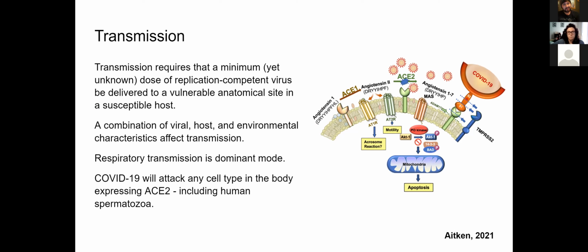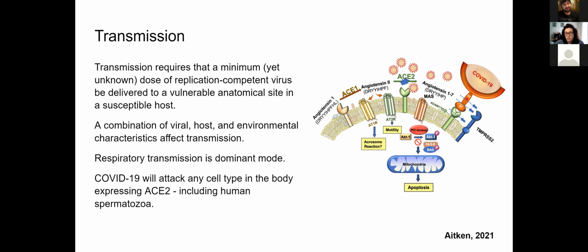Transmission is a really complex, complicated thing. It depends on the environment, the virus, the host, and a lot on random chance. But how this specific virus works in humans is that it affects this ACE2 receptor, which is part of the angiotensin signaling cascade.